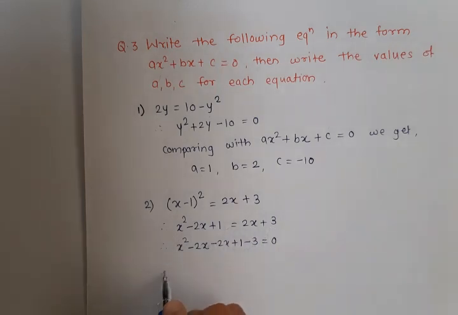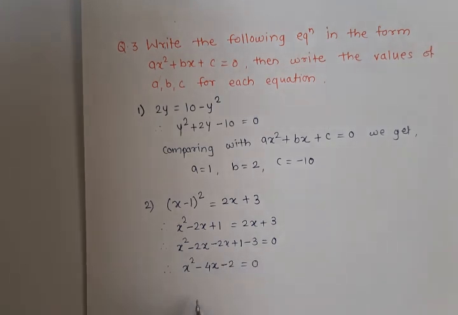Now just solve this above, we'll get x square minus, now these two are like terms having the same sign, so we can do their addition. Minus 4x, then minus 2 equals to 0.